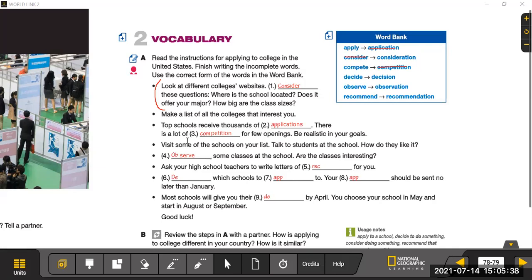Visit some classes at the school and ask your high school teachers to write letters of recommend for you. The decision which school to continue. So you said recommend, and then you said decision.